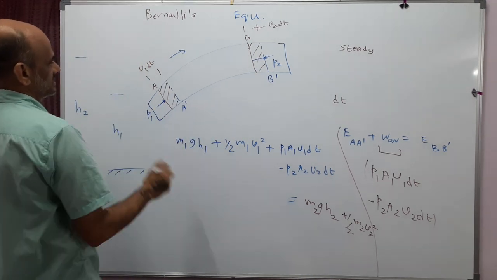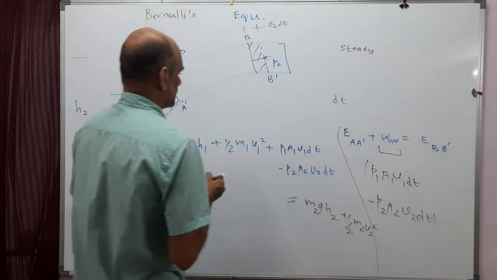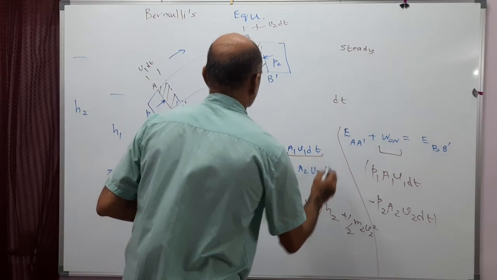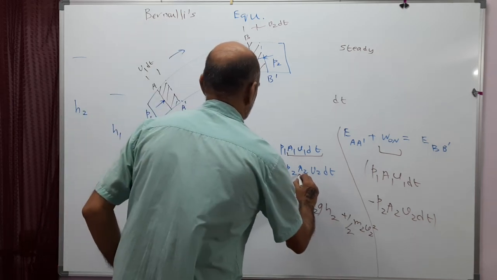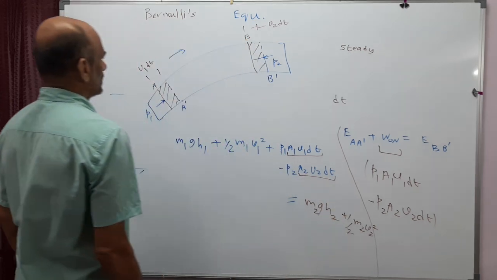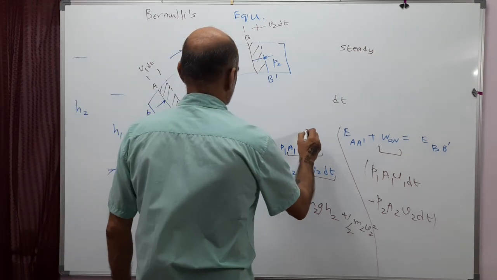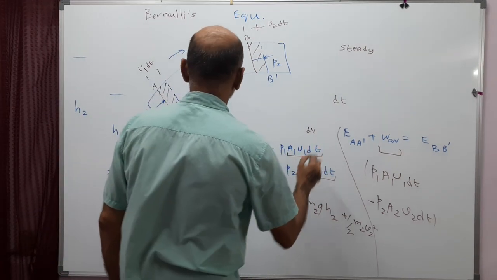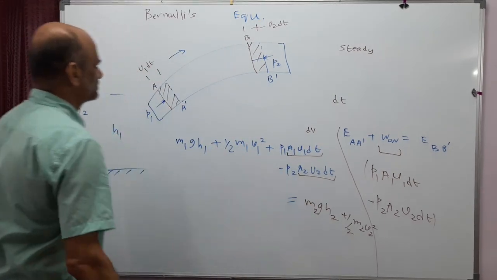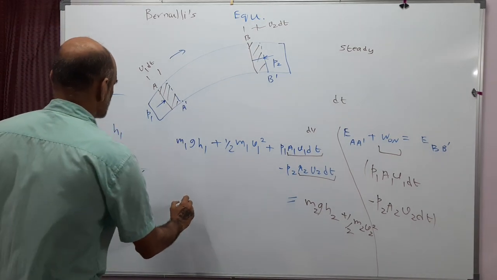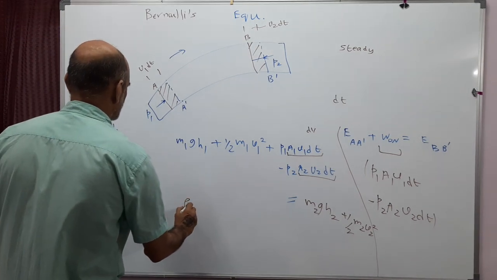Volume of this one is A1 v1, area of the cylinder and the height of the cylinder. If the fluid is incompressible, then this volume and this volume will be the same. And let me call this volume dV. Both are dV. So dividing the full equation by dV, m1 by dV is rho 1 because density is mass by volume.